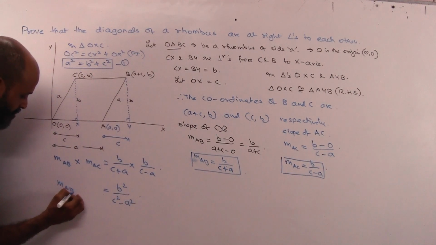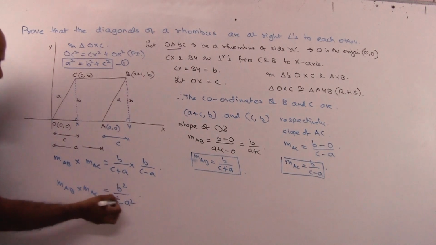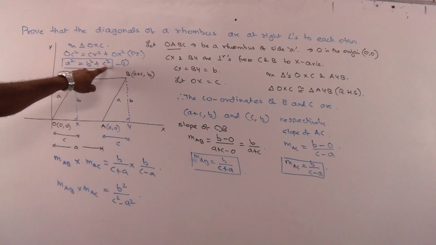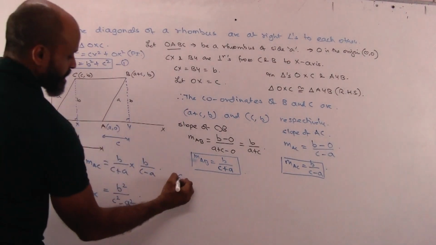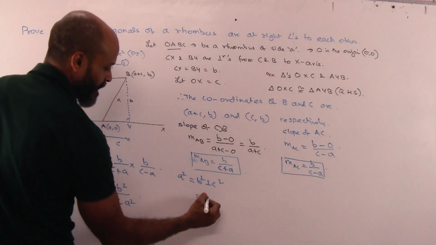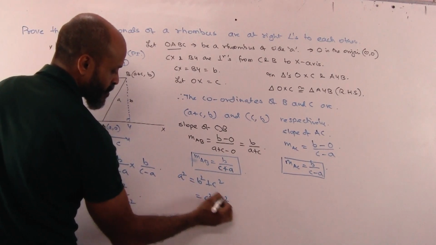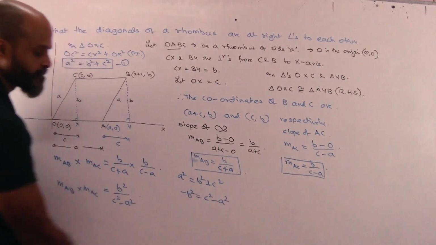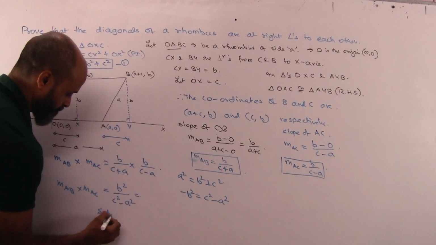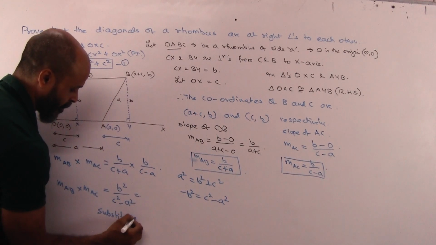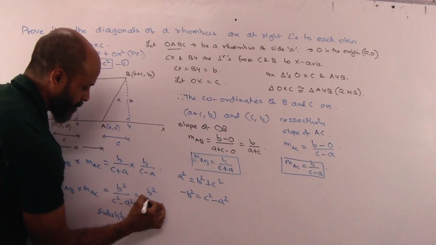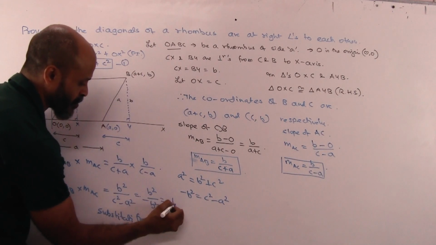So M of AB into M of AC will be equal to B square by C square minus A square. Now let's come back to this one. What do we have from here? A square is equal to B square plus C square. So obviously if we have C square minus A square, this B square gets transposed here as minus B square. So substituting from equation 1, what do we have here? B square upon minus B square, that is equal to minus 1.